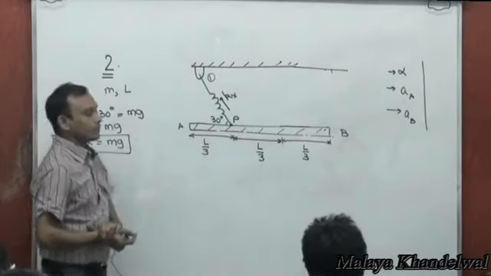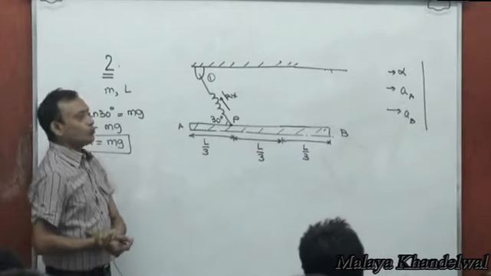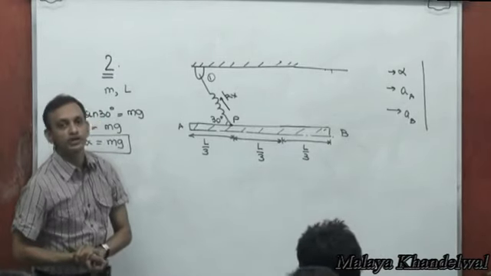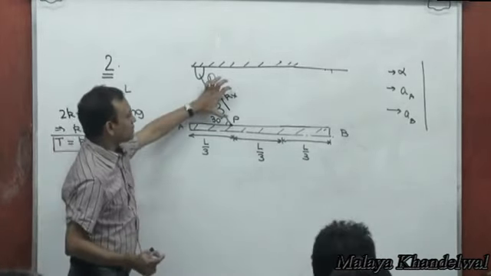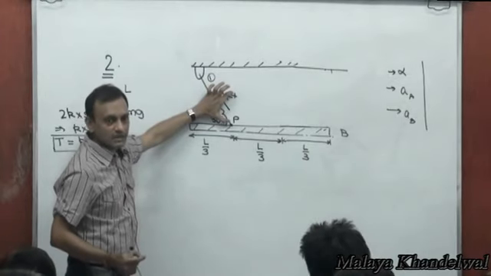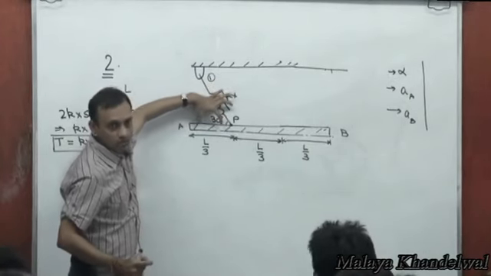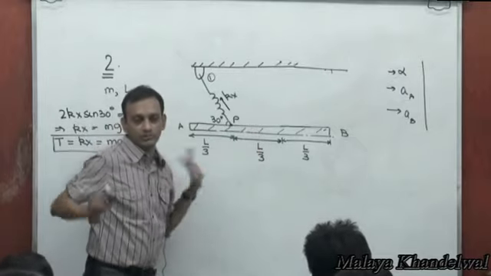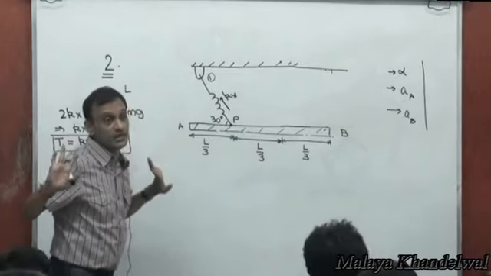Now, what are the forces acting? There is a kx sine 30 degrees, a kx cos 30 degrees, and there is an mg. This is the summary of all forces acting.